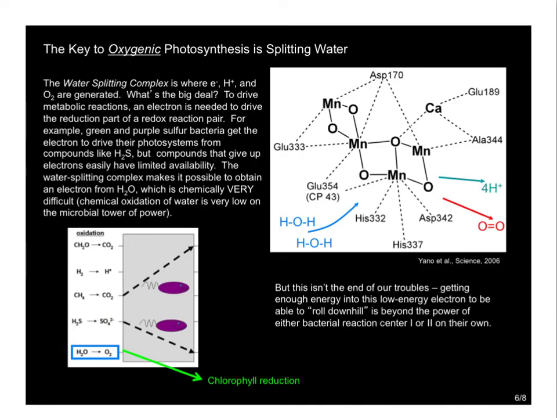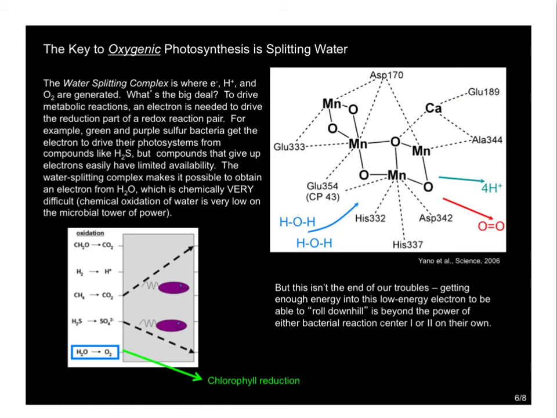Oxidation of water requires a special catalyst called the water splitting complex, and this is a very complicated protein with 4 manganese ions and a calcium. That's shown up here. You don't need to know the details of this structure, but you do need to remember that it involves the element manganese and that this isn't a trivially easy chemical reaction to manage.